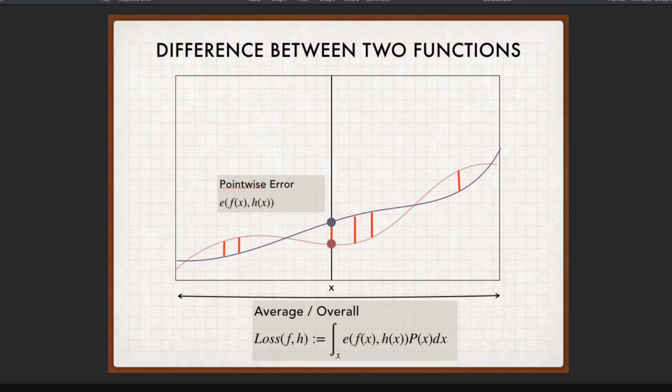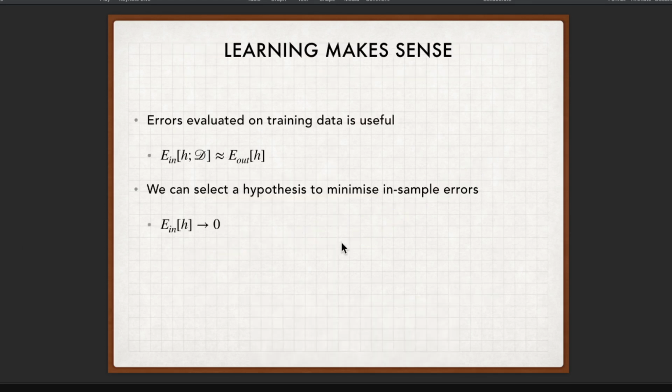And according to this picture, when the out-of-sample error of H is close to 0, H is close to the target function f. So those are the twofold meaning of machine learning.